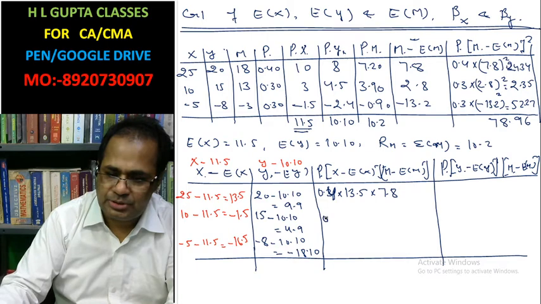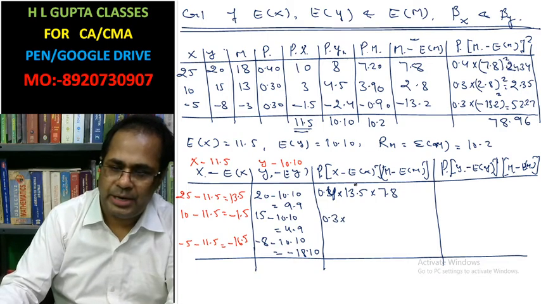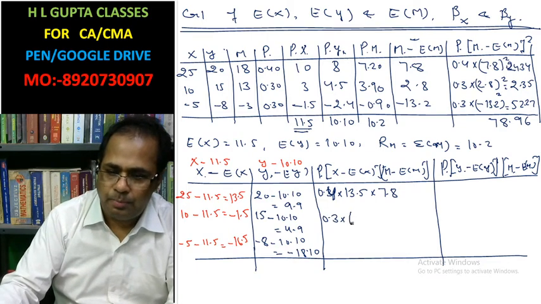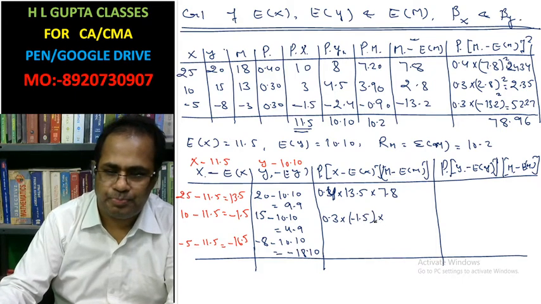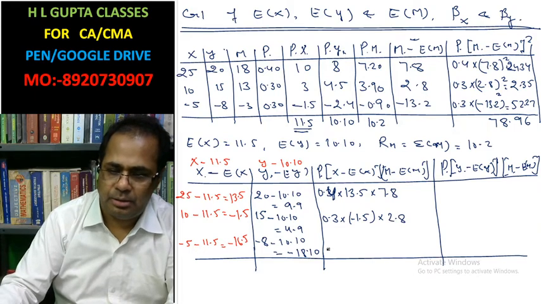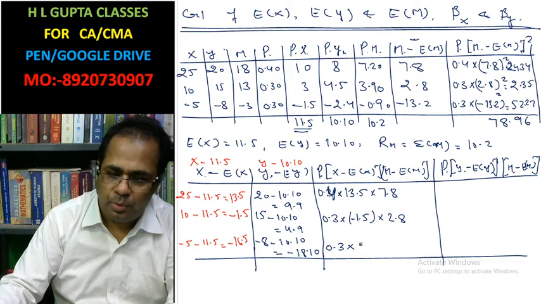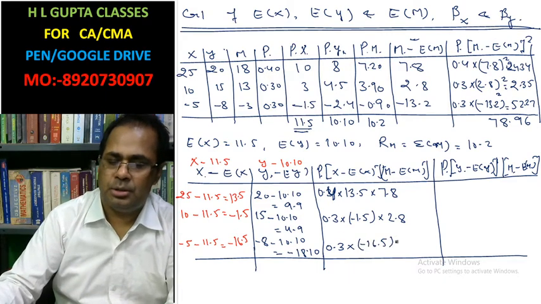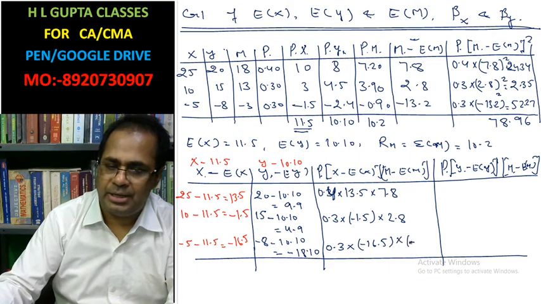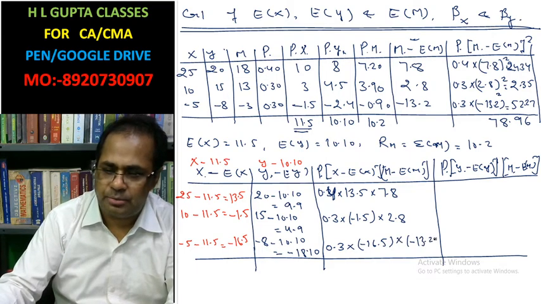In this case 0.3 into x minus x bar minus 1.5 into 2.8, 0.3 into minus 16.5 into minus 13.2.